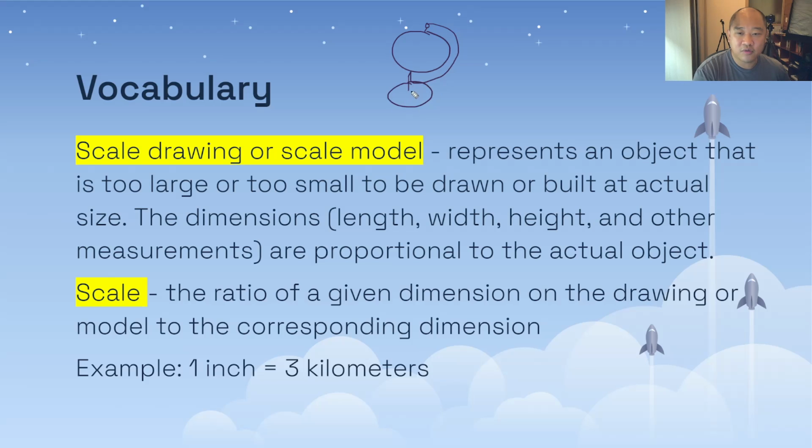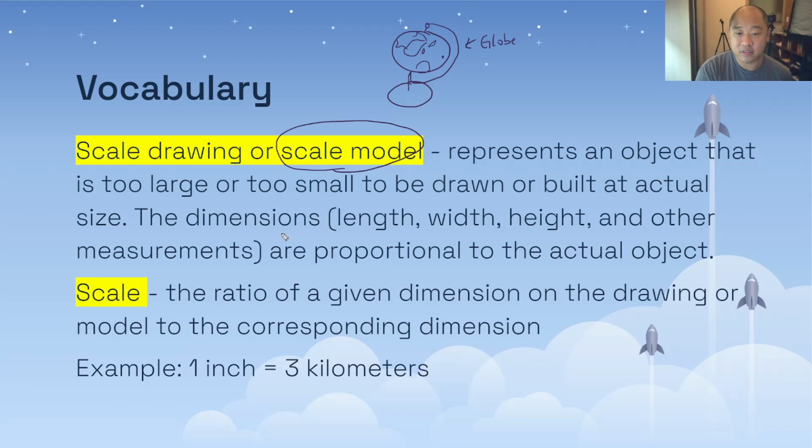This is how we know how big Taiwan is compared to China, and here's Japan. This globe is a scale model of the Earth.